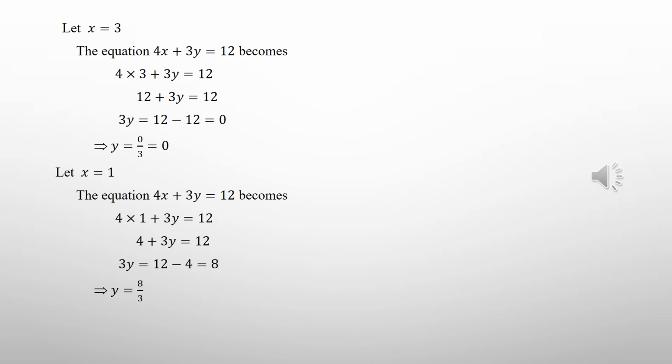So, our equation will be 4 into 3 plus 3y equal to 12, which will be 12 plus 3y is equal to 12, and from this 3y is equal to 12 minus 12, which is equal to 0, and y is equal to 0 by 3 equal to 0. Therefore, the second solution of the equation is (3, 0).